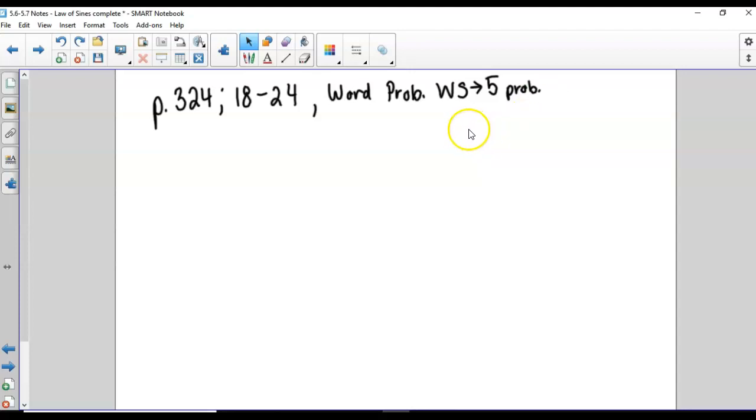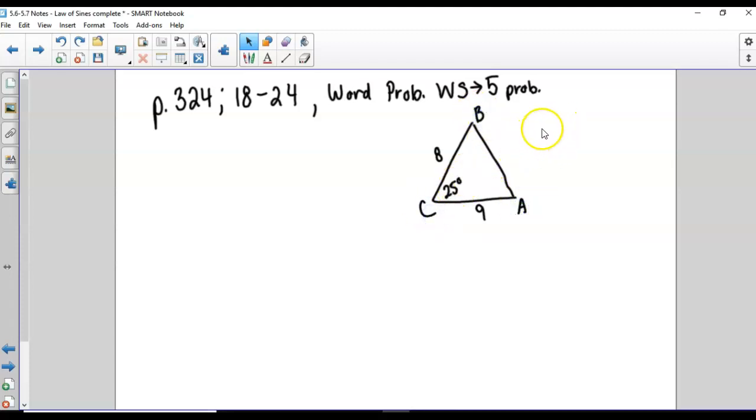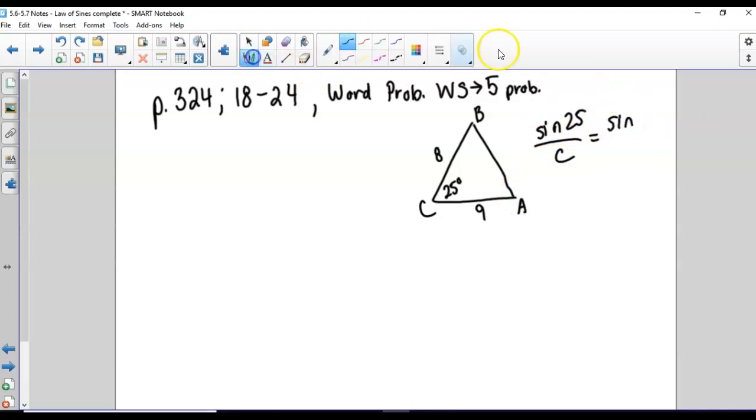So for example, if I sketched a picture and I ended up with something like this, 8, 25 degrees, and 9. If I have this, am I going to be able to use law of sines? I'll have A, B, C. So if I tried to, it'd be sine 25 over C equals sine A over 8.